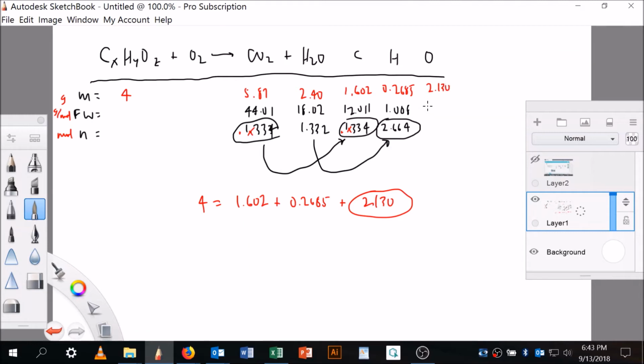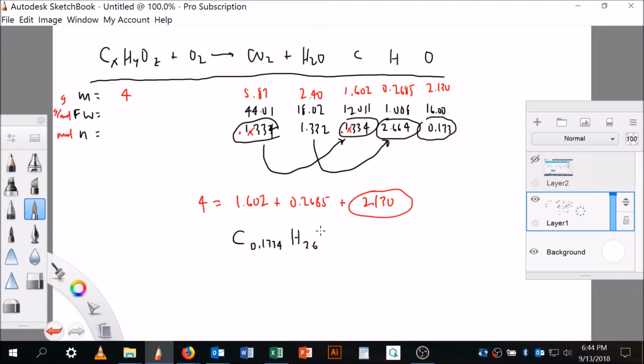2.130, and the formula weight of oxygen is 16, right? So now we know how many moles there were. Divided by 16 was 0.133. Wow, this is too convenient. So it looks like it's C 0.1334 H 2.6.